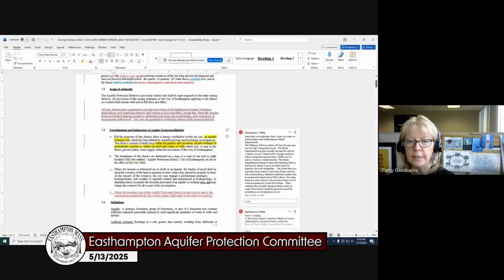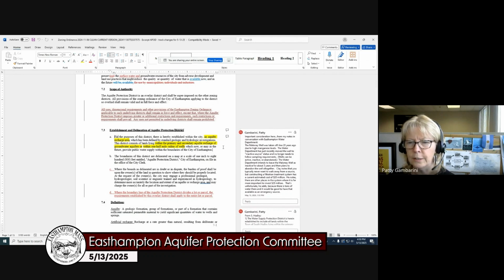And then here, I think this is really old language: that the district is established within the city and aquifer recharge area, which has been defined by standard geologic and hydrologic investigations, consists of land lying within the primary and secondary aquifer recharge of groundwater aquifers or within 1/2 mile radius of wells, which now or may in the future provide public water supply within the boundaries of the city.